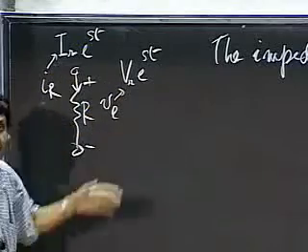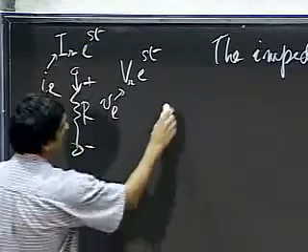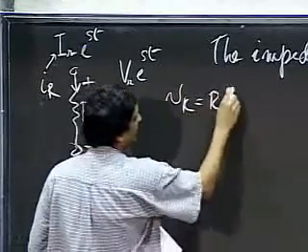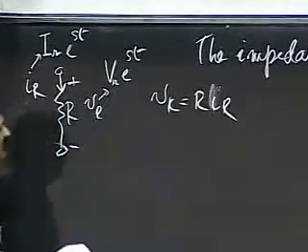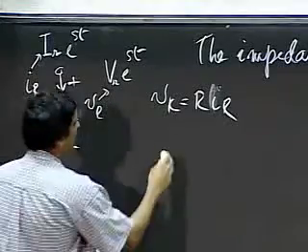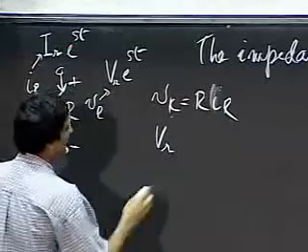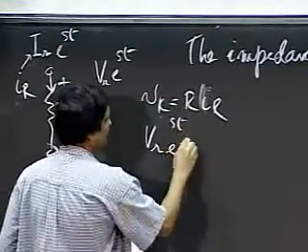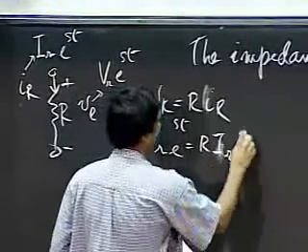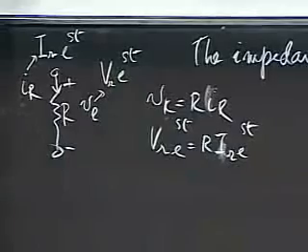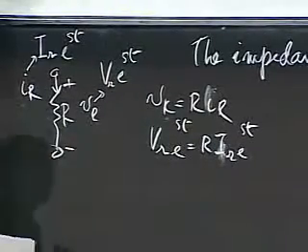In general, IR and VR are complex numbers. For the resistor, I know that VR is simply R IR. I substitute using my complex drives: VR e to the ST is R times IR e to the ST. Ohm's law should apply.